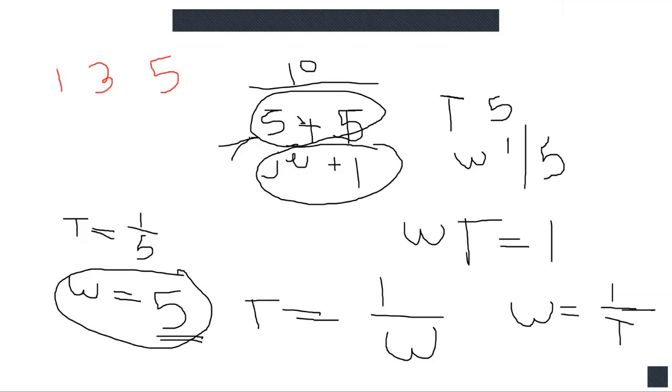Forget about the factors right now. We have 3 different frequencies because the time constants were 1, 1 by 3 and 1 by 5. So the frequencies that we calculated, the reciprocals of the time constants, are 1, 3 and 5.